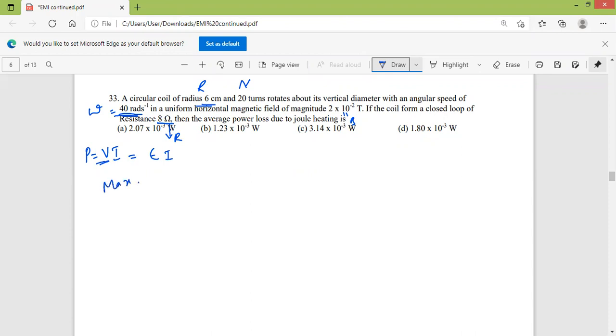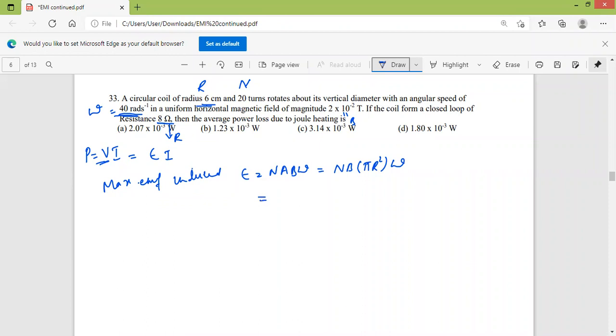So the maximum EMF induced, epsilon, is equal to what? NAB omega. And here A is equal to pi r square, into omega.